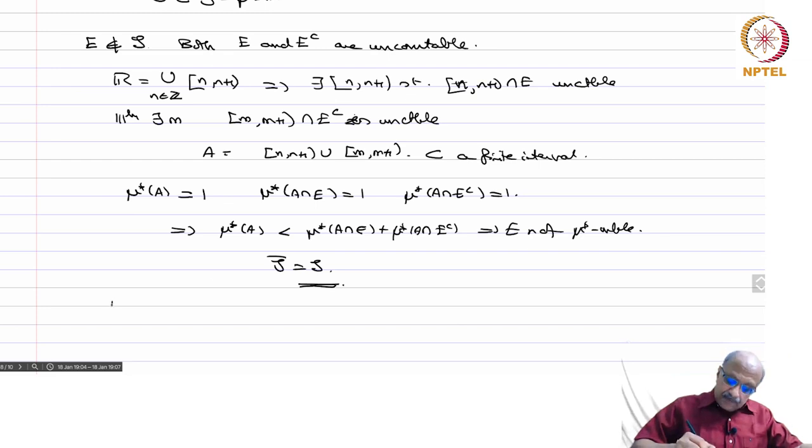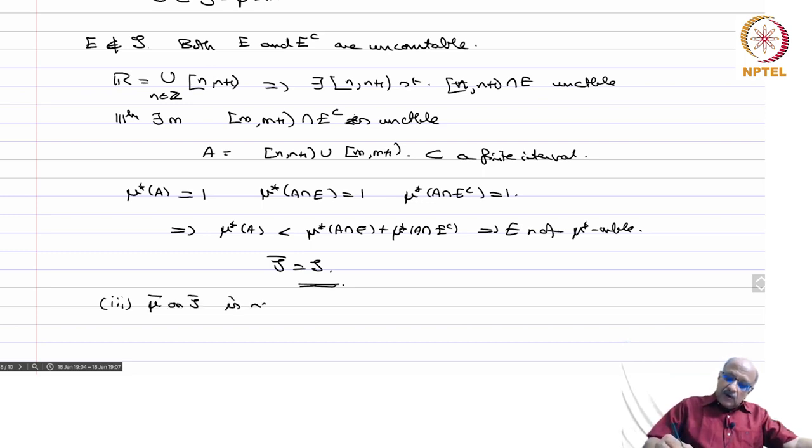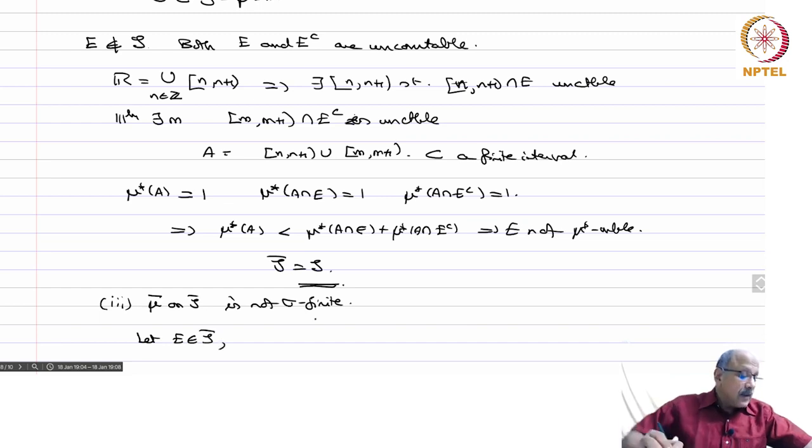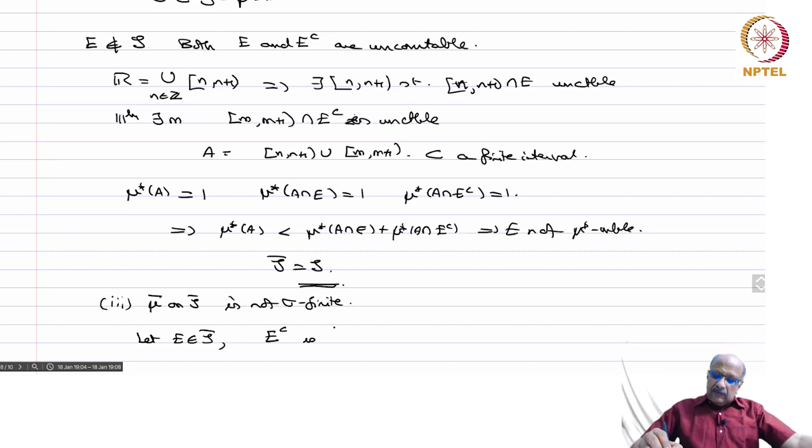Then the third one, mu bar on S bar is not sigma finite. So let E belong to S bar, such that E will either be countable or its complement is countable.